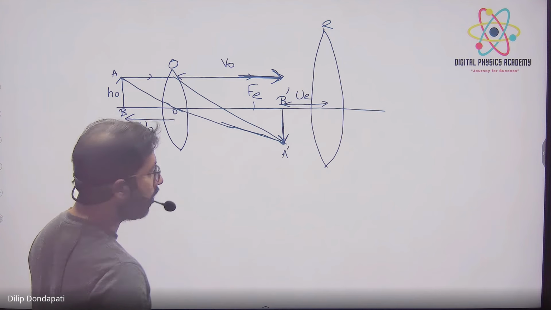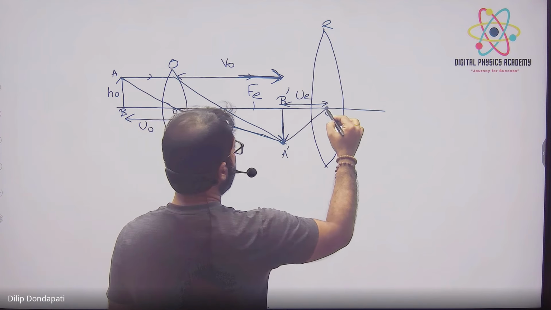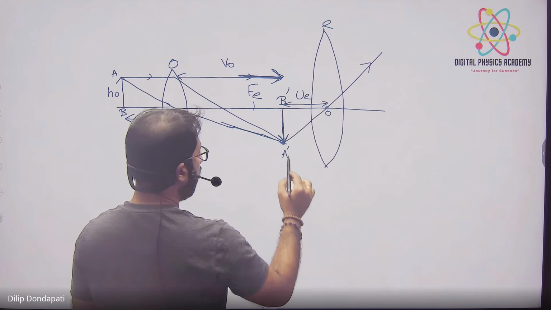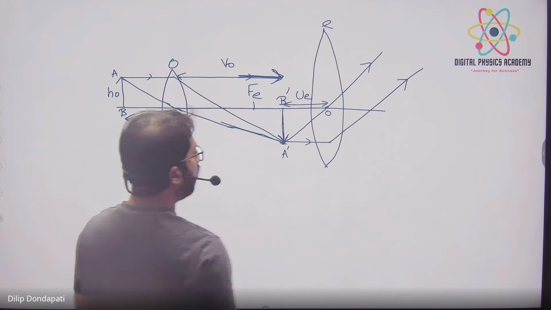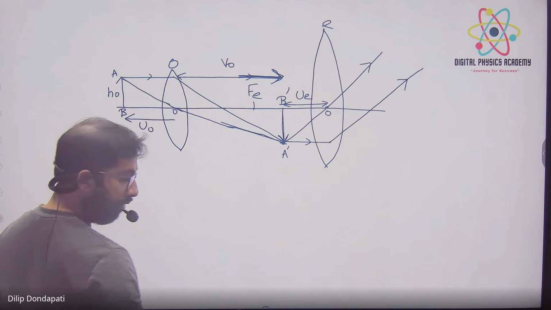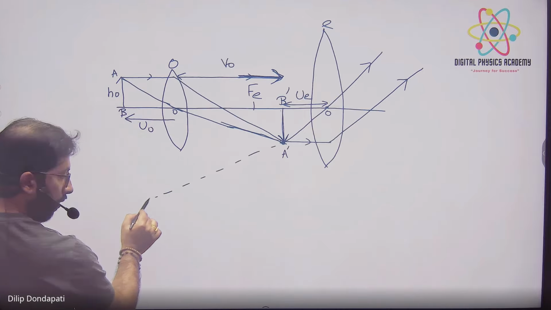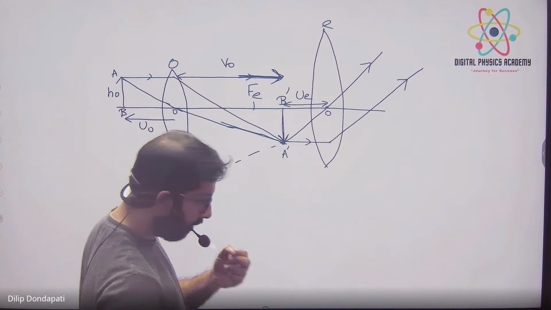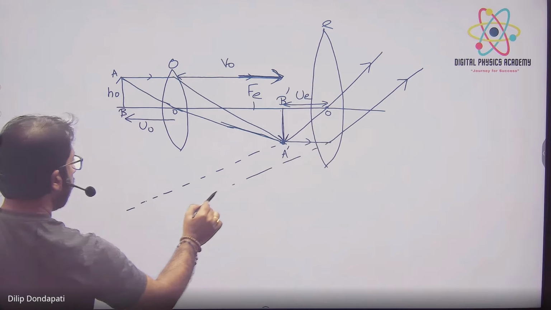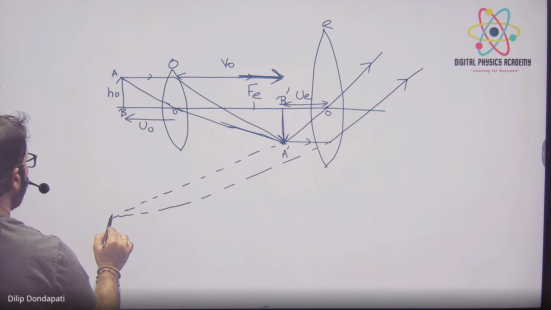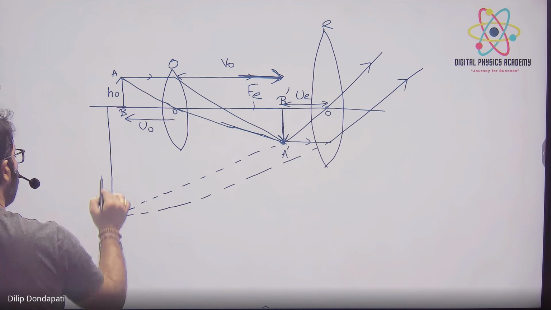Okay, now two rays we have to draw. One I am drawing through the optical center, it will go straight, and one is parallel, passes through the focus. So it will not meet, and if you extend, okay, extend like this, somewhere here it is formed. So a bigger image will come.